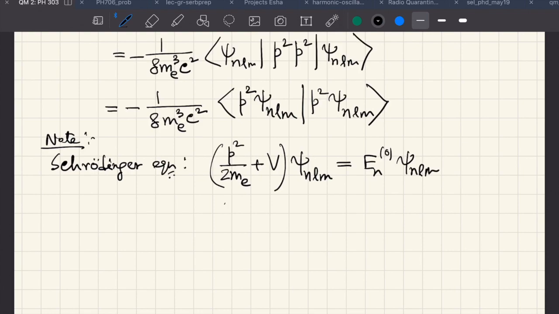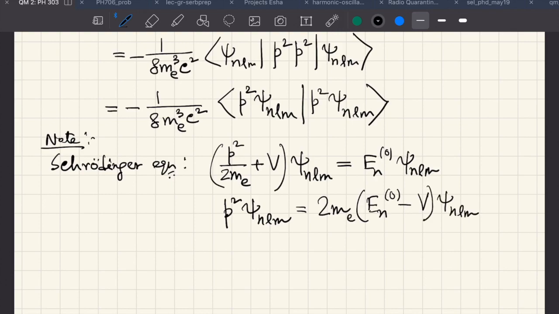So it gives us p squared psi NLM in terms of En and the V operator. En is just some energy eigenvalue, a number, but V is an operator. So this is 2me times En0 minus V operator acting on psi NLM. We are going to use this in place of p squared psi NLM.